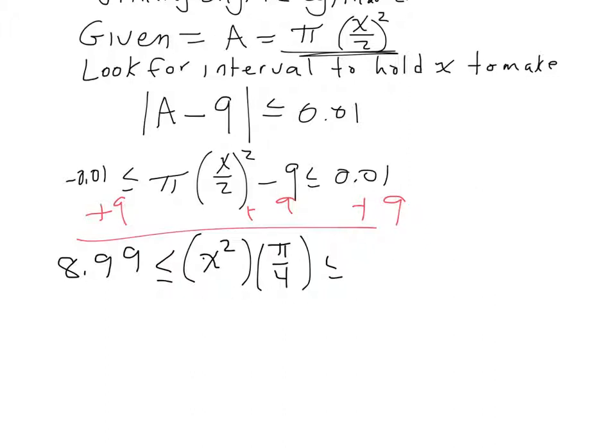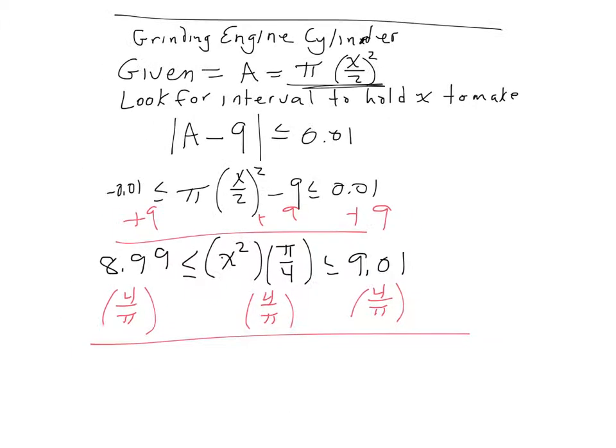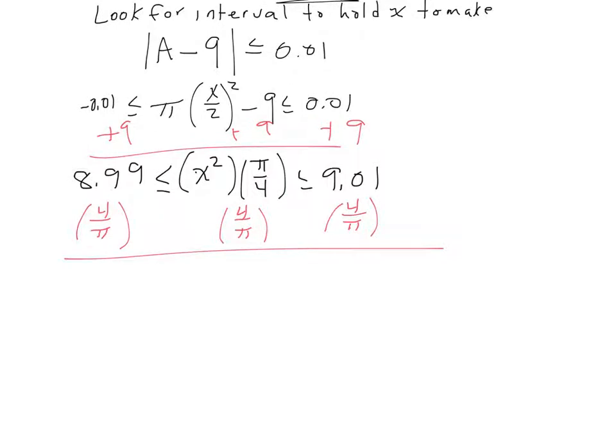All I did here was square this, bring it outside, and square the 2, that's where I get the 4. So I get 9.01, and now I'm going to multiply every single piece by 4 over pi. Then my last piece is I'm going to take the square root, because I have to square root that one away.